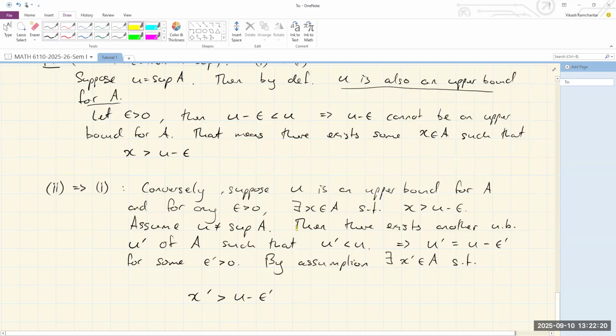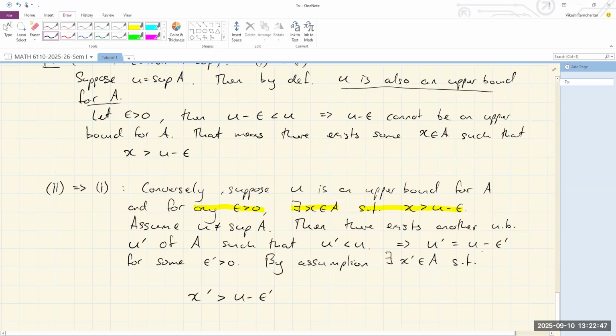So what I'm doing there is I'm invoking this part. For any epsilon, I could find an element in A such that x is bigger than u minus epsilon. So I'm taking a specific epsilon, which is epsilon prime. And for that particular epsilon prime, there exists a particular element of A, x prime, such that x prime is bigger than u minus epsilon prime.